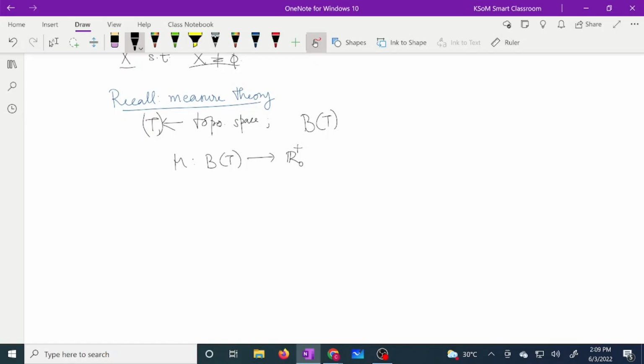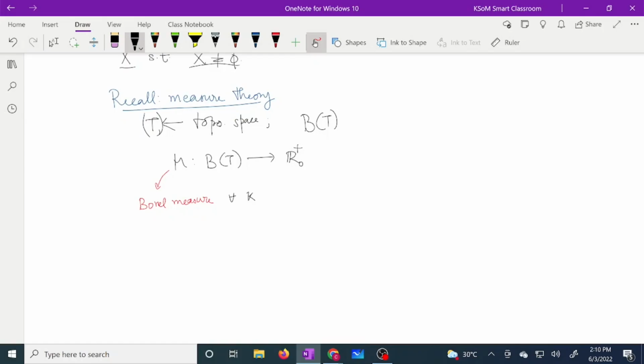Now we say that mu is a Borel measure if for every compact set. K will denote compact sets now; U and V were denoting open sets.